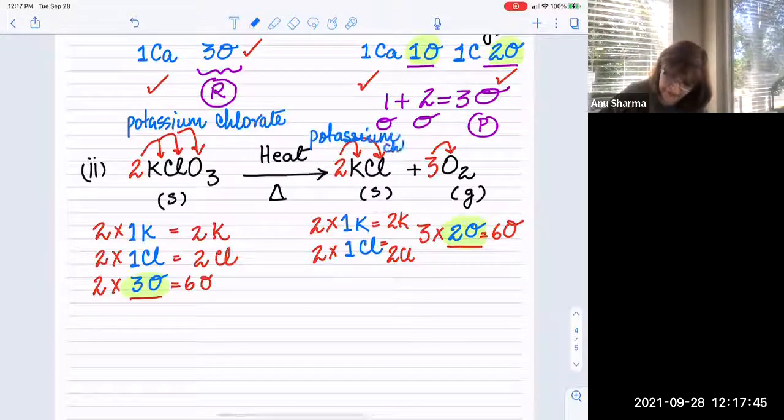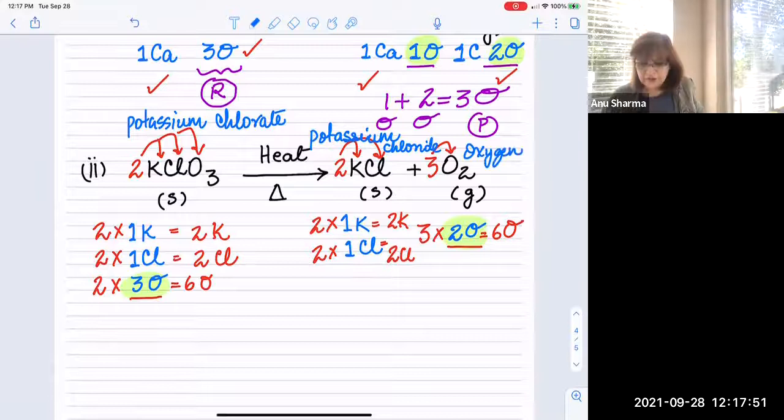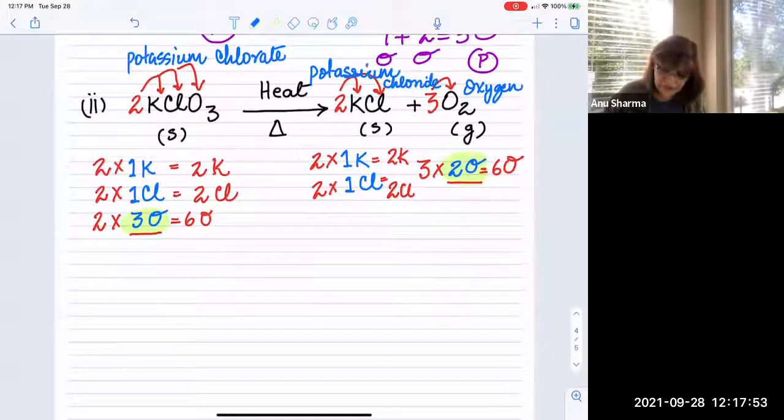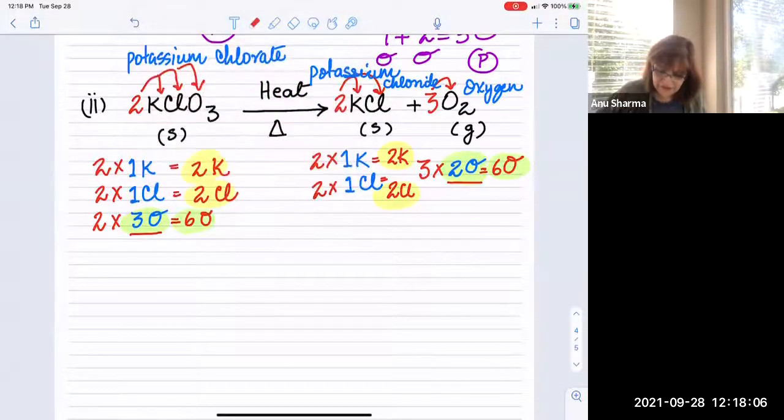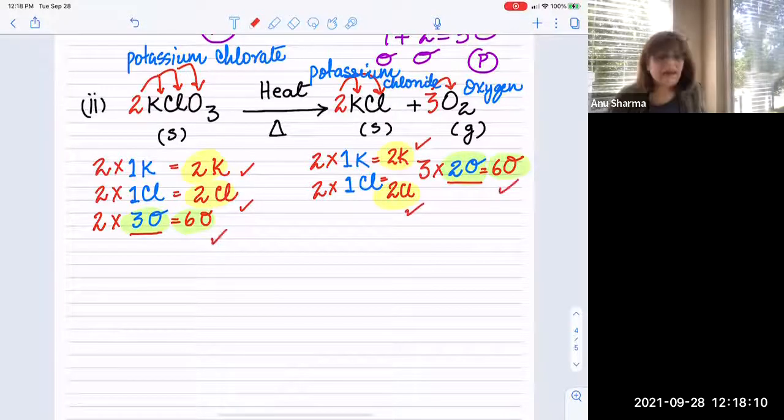And of course, oxygen gas. So that's important, okay? Now we see that the oxygens are balanced, and we also see 2 potassiums here, 2 potassiums here, 2 chlorines here, 2 chlorines here. So all this is balanced.